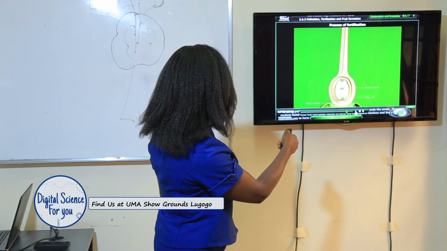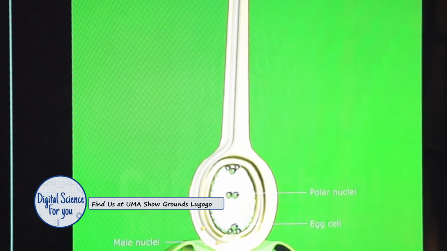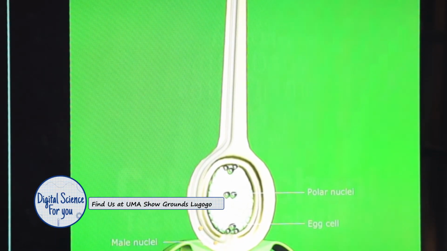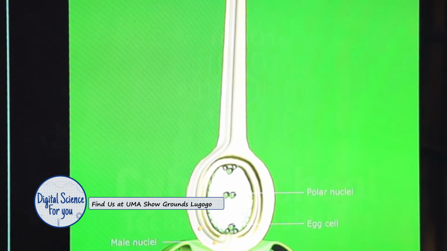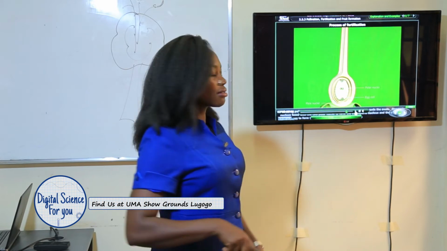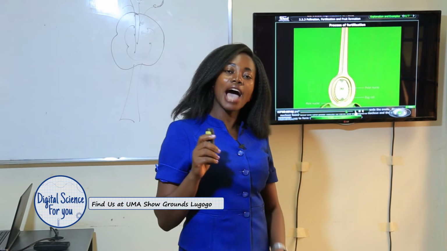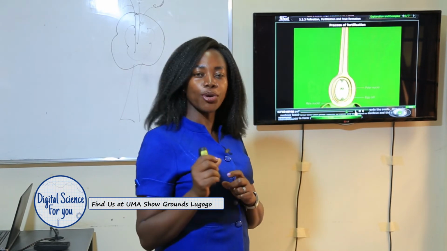We pause there. While the pollen tube is growing, it is led by the pollen tube nucleus until the pollen tube has reached the micropyle of the ovule.